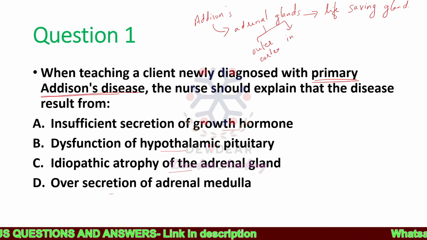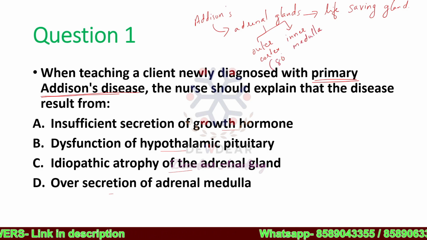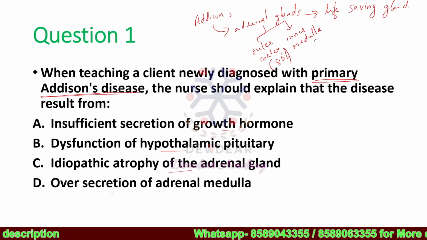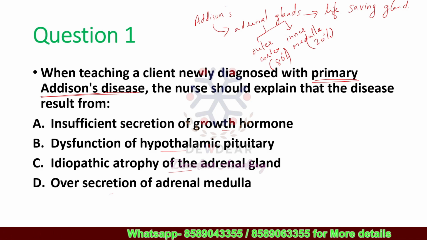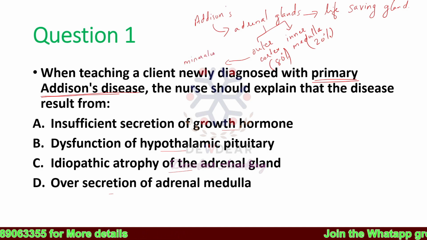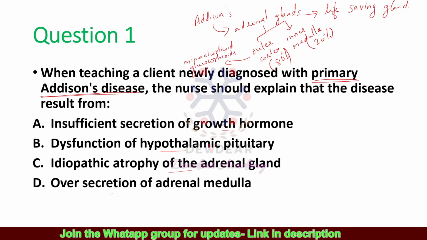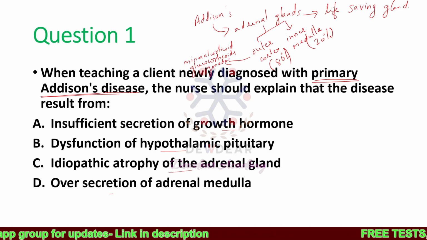The outer cortex forms 80% of this gland and the inner medulla forms 20%. The outer cortex produces the hormones mineralocorticoids, glucocorticoids and gonadocorticoids. These are the three steroid hormones which are secreted.